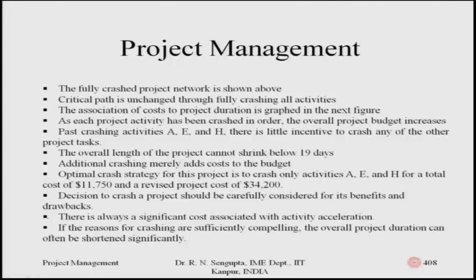The association of the cost to project duration is graphed as we will just discuss. As each project activity had been crashed in order, the overall project budget increases as mentioned in the table in the last slide. Past crashing activities A, E, H, there is little incentive to crash any of the other project tasks.